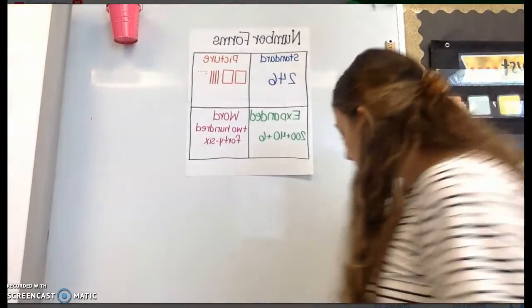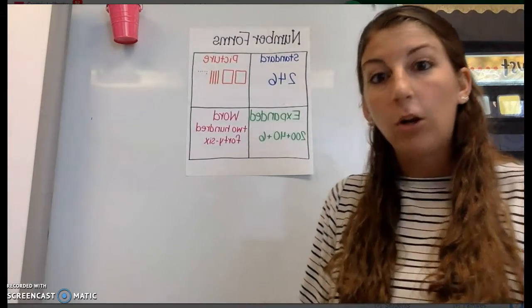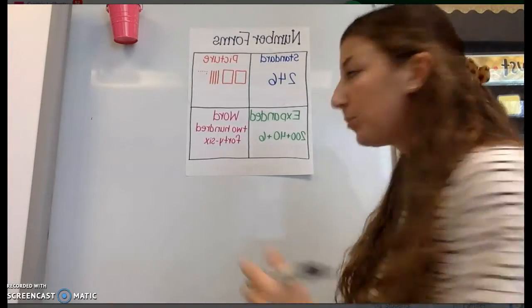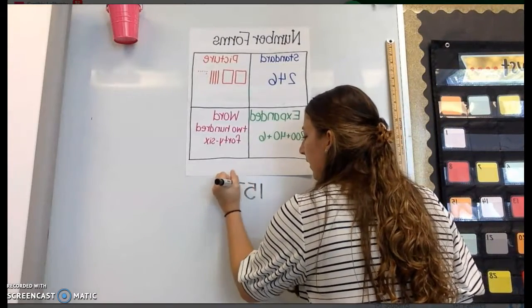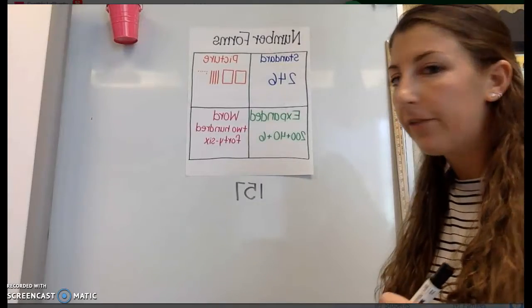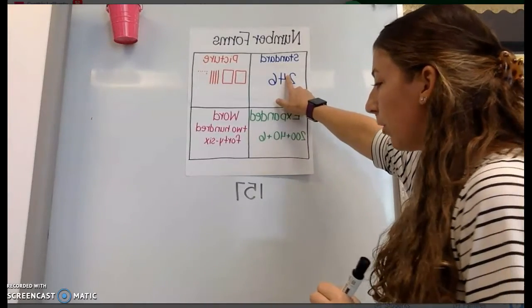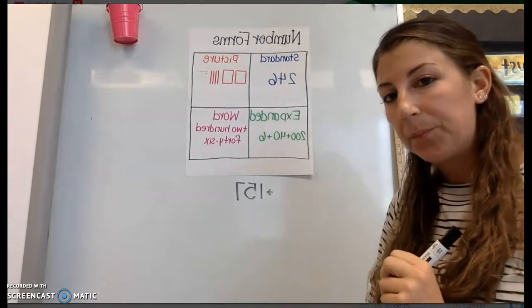So I'm going to walk through a few different number examples so that we can take a look at these different forms. The first example is 157. So for 157, this is my standard form. So when I just write the number, that's my standard form.